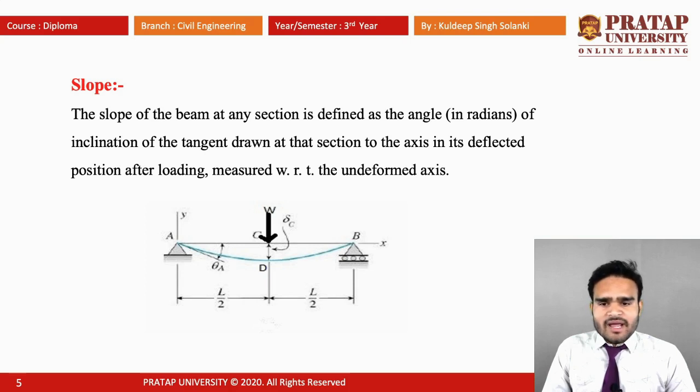We can calculate slope anywhere on the beam, at A, B and C. So the slope of the beam at any section is defined as the angle, in radians, of inclination of the tangent drawn at that section to the axis of the deflected position after loading, measured with respect to the undeformed axis. At any point draw the tangent and measure the angle. This angle is called slope.